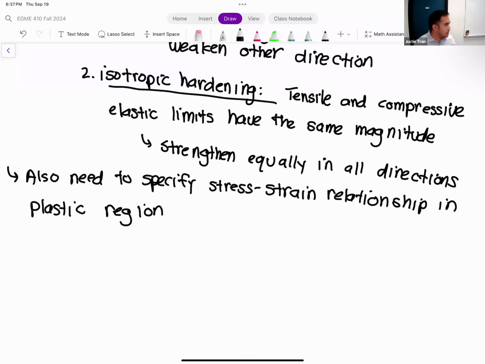The difficulty with this is that it is a nonlinear relationship, and a lot of times you need very specific material testing data in order to get this, which is not available a lot of times. So there are a couple options that you have here, depending on the quality of the data that you have.